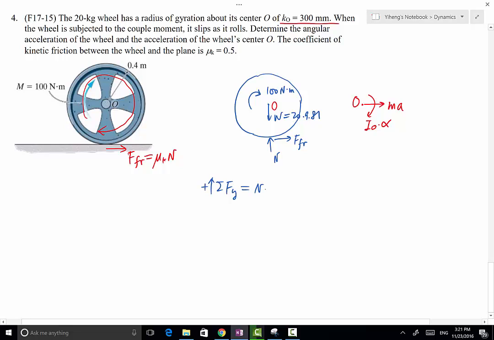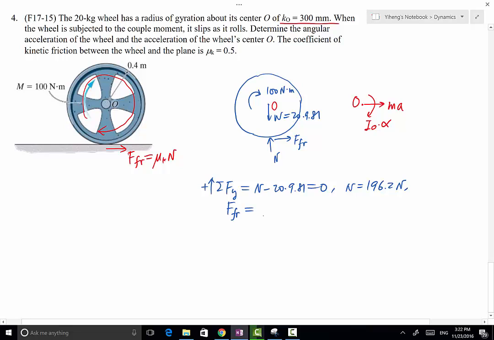That equals N minus W, which is 20 times 9.81, equals 0. There's no vertical motion. So from there, we can easily evaluate the normal force to be 196.2 Newton.